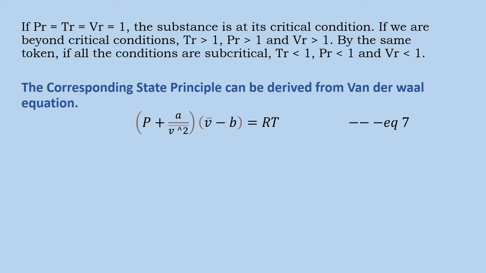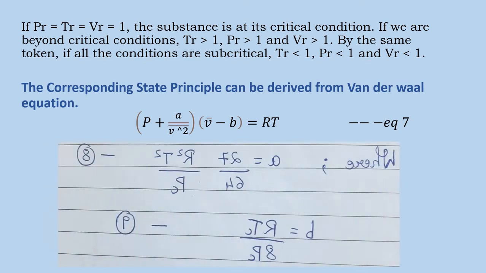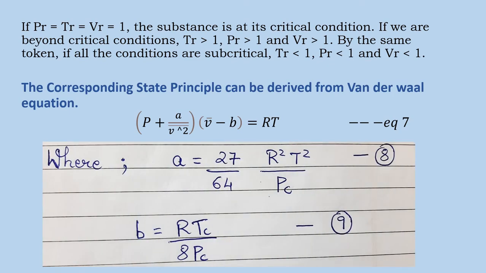This is the van der Waals equation, where A is equal to 27 by 64 into R square TC square upon PC, which I have labeled as equation 8, because we will need this substitution later in our derivation. Similarly, B is equal to RTC upon 8PC, which I have numbered as equation 9.